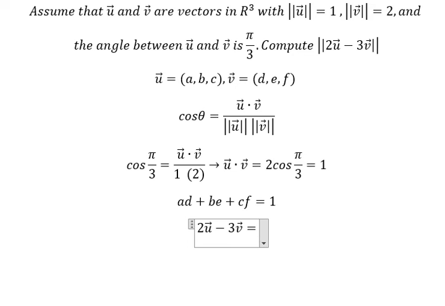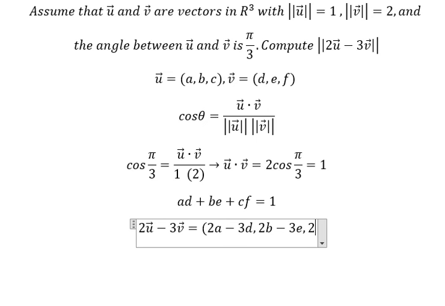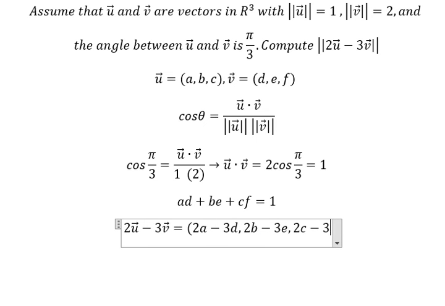So we will have (2a minus 3d, 2b minus 3e, 2c minus 3f).